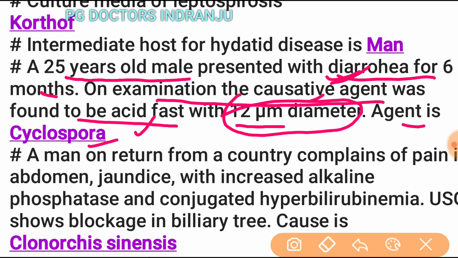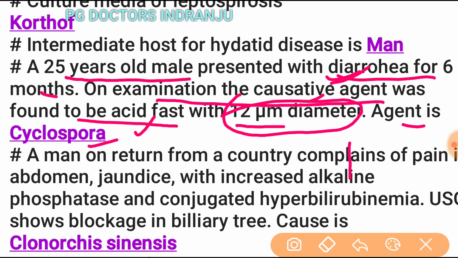The acid-fast organisms you already know: leprosy, tuberculosis, mycobacterium, nocardia, and Cyclospora.